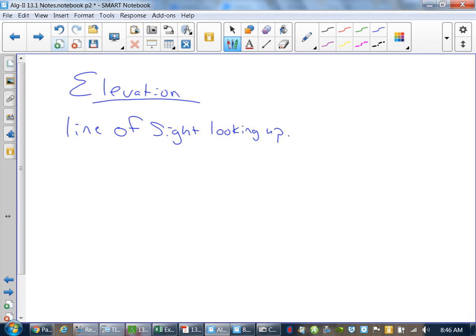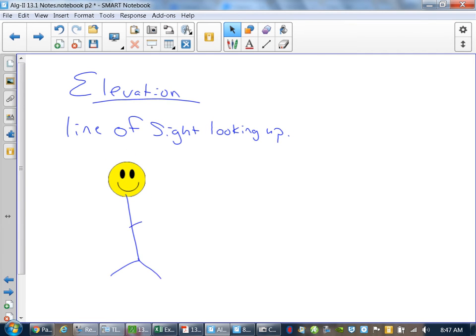And what I mean by line of sight is your eye level. So a lot of times, depending upon the style of problem, you may have to compensate for eye level. That's what you did with the clinometer activity we did in the auditorium last year.